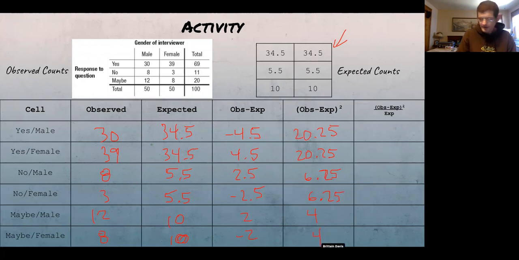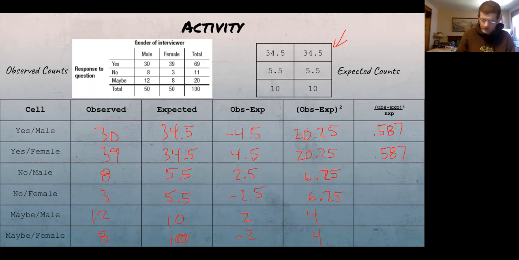Now I want to divide. Everything is the same for each pair. So I'm going to get 0.587, and these are the contributions that each cell contributes toward the chi-square statistic. So I'm going to have 0.587 added from the first two.